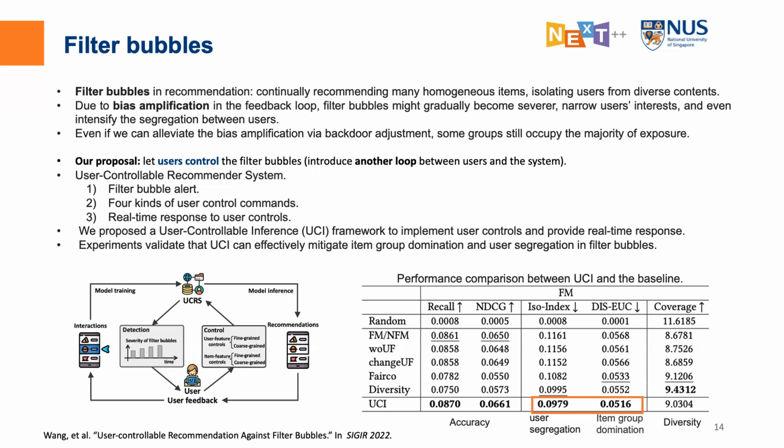They designed some metrics to measure how much political news the user is watching. One is called the ISO index, I forgot its name.